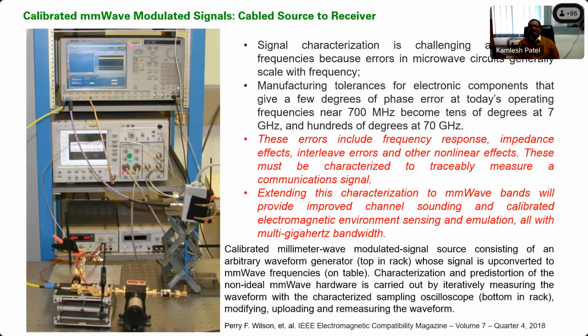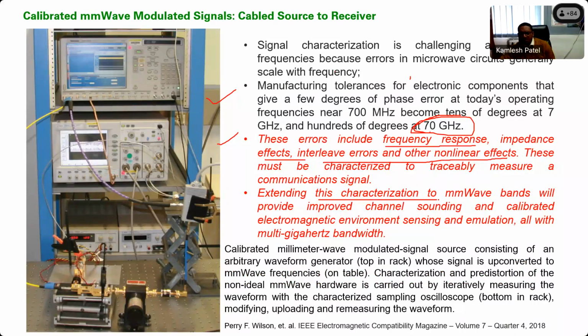The first technique they have established is a calibrated millimeter wave modulated signal, cabled from source to receiver, and this is established in a frequency range up to 70 gigahertz. Okay, and there are a number of errors contributing to the signal quality, like the frequency response, impedance effects, interleave errors, and other nonlinear effects.